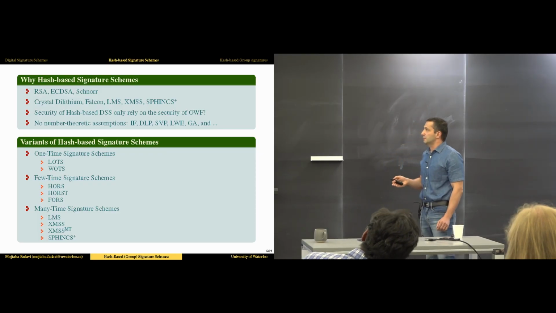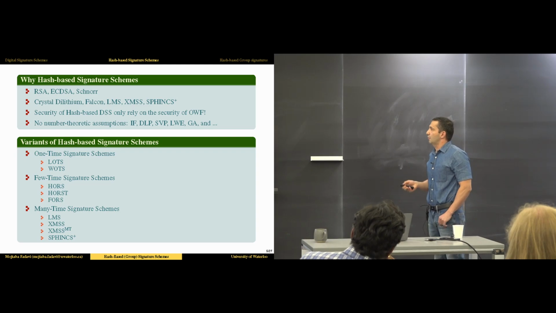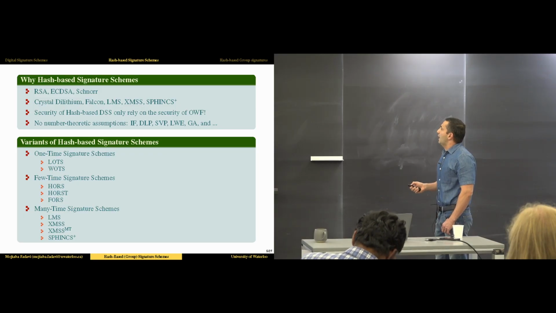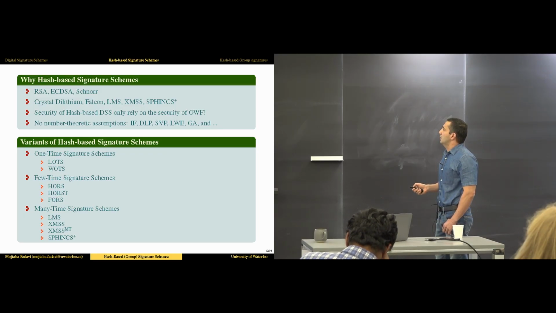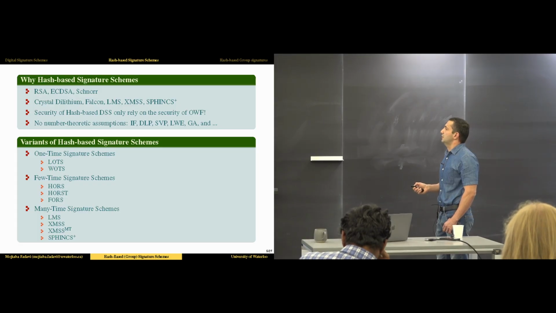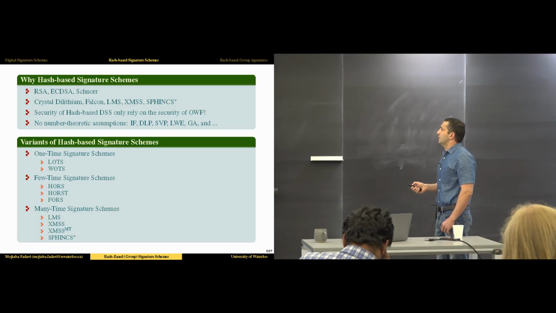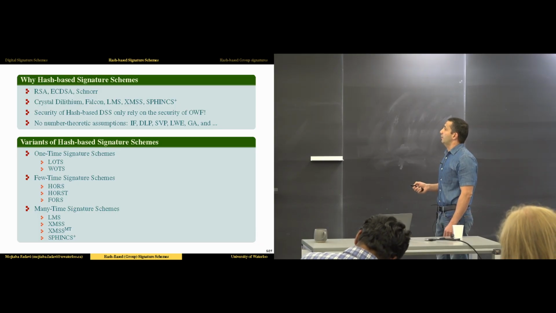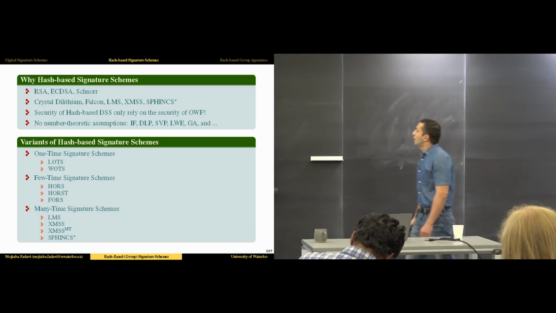Maybe it happens one day for lattice-based or code-based schemes. Hash-based signature schemes don't depend on number theoretic assumptions such as integer factorization, discrete logarithm problem, shortest vector problem, learning with errors, and group actions.